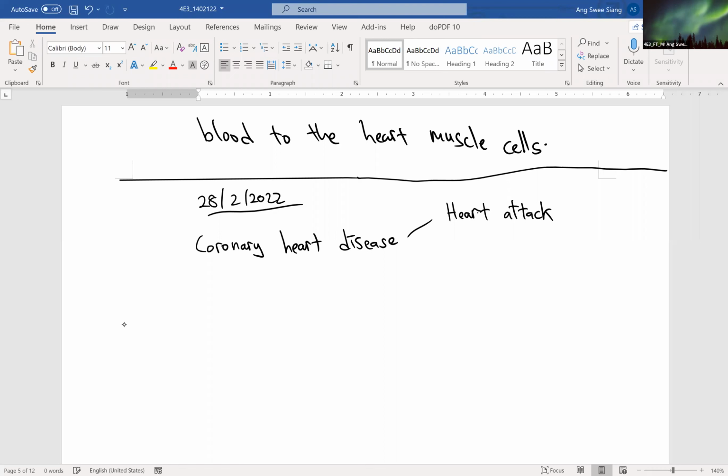So what actually causes coronary heart disease? The most common example will be heart attack. The reason is because of blockage. Coronary heart disease is due to blockage of the coronary artery.